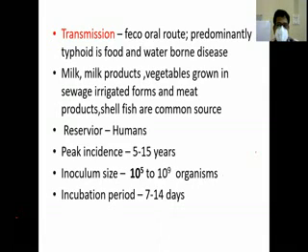The reservoir is human. Peak incidence is between 5 and 15 years of age group. The infective dose of the organism is 10 to the power of 5 to 10 to the power of 9. The important point here is the incubation period. It takes 7 to 14 days. Transmission is fecal-oral route. These 2 points are important.